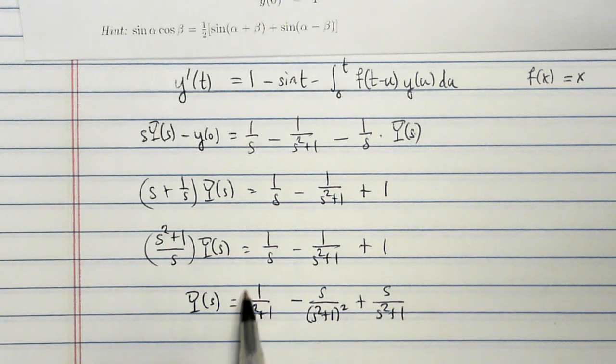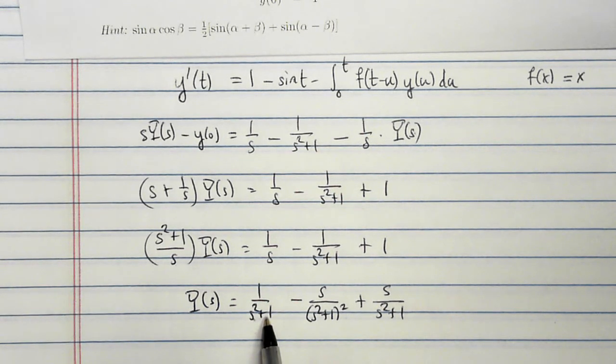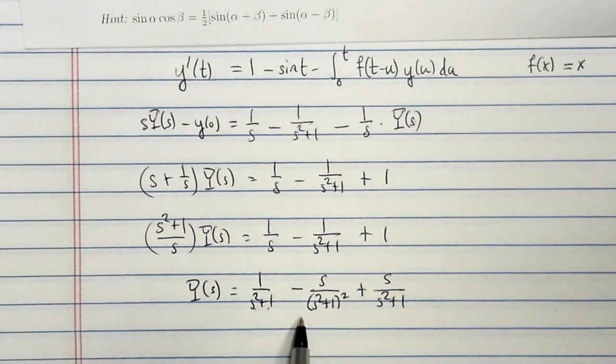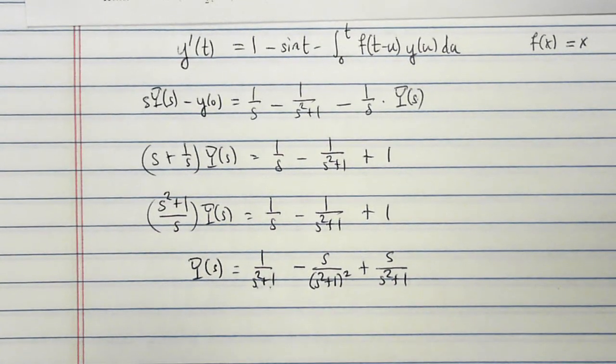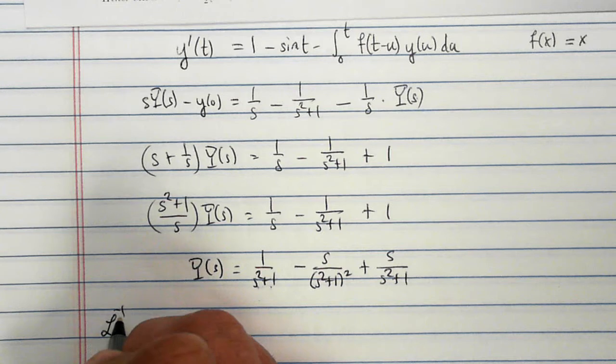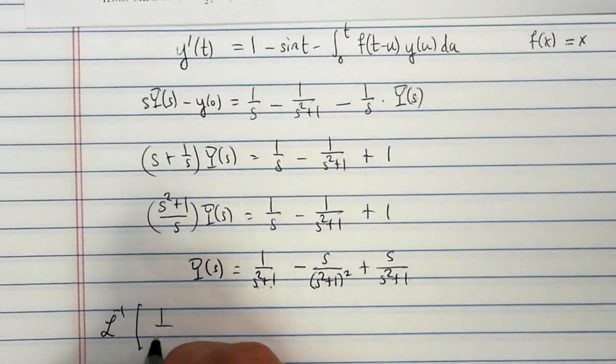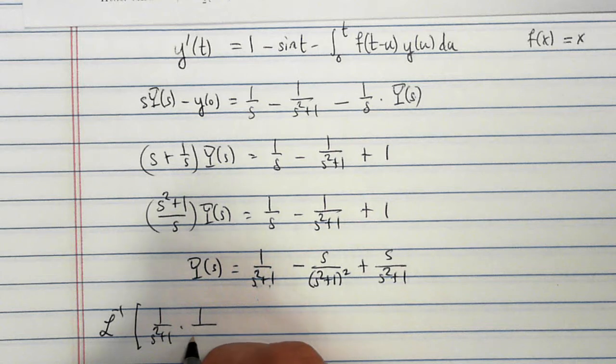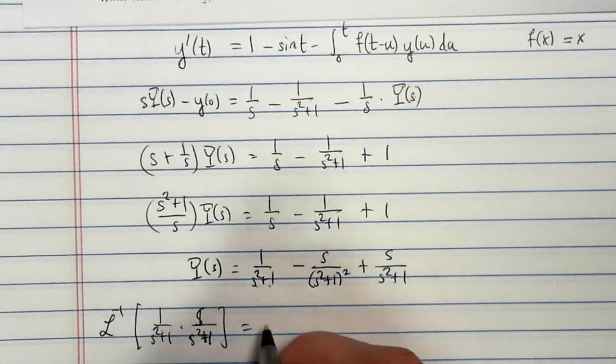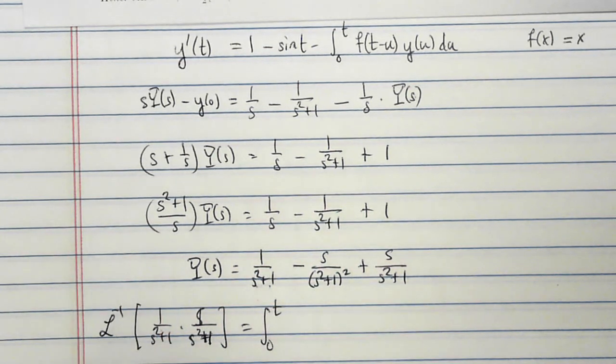Okay, now the inverse Laplace transform of this is just simply sine t. That's a standard one. The inverse Laplace transform of this is a standard one. It's cosine t. The inverse Laplace transform of this, however, is not standard. Now, there's actually a couple ways of getting the inverse Laplace transform of this, and I'd like to illustrate those. If I want to find the inverse Laplace transform of 1 over s squared plus 1 times s over s squared plus 1, that's what this is, after all, s over (s squared plus 1) squared, the inverse Laplace transform of this product is going to be the convolution of the two inverse Laplace transforms.